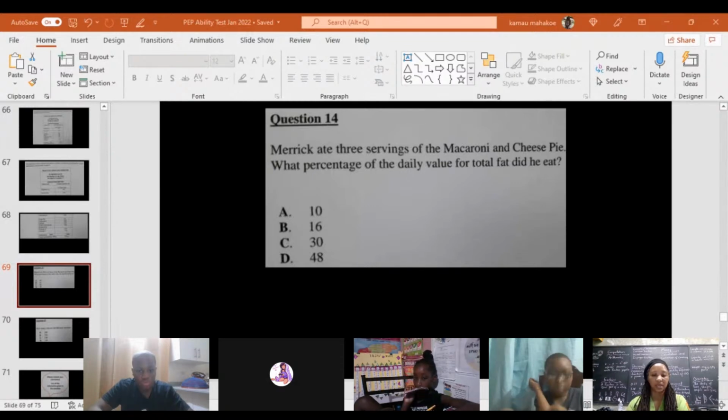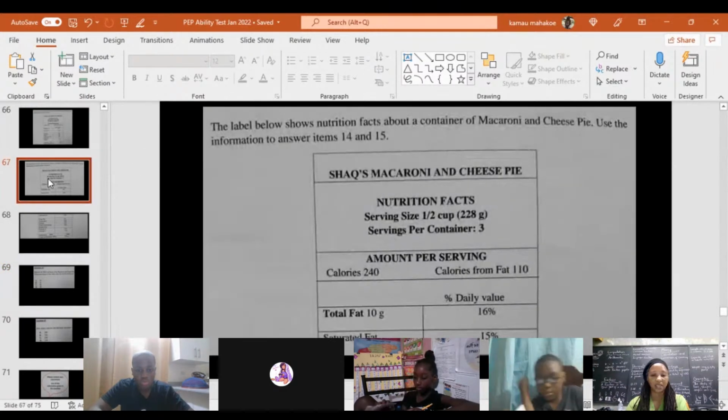But he had 3 servings. But didn't it say that the container has 3 servings? Servings per container, 3. So if you eat 3 servings, you're eating what's in the container, and these values are based on what is in the container, right?